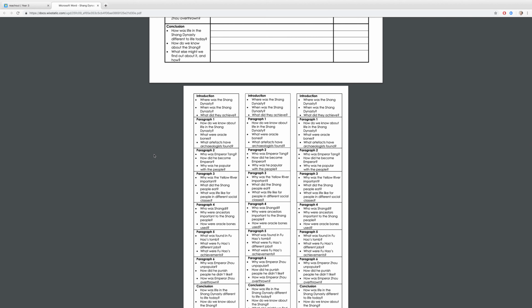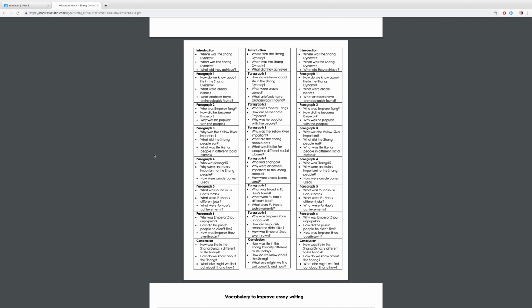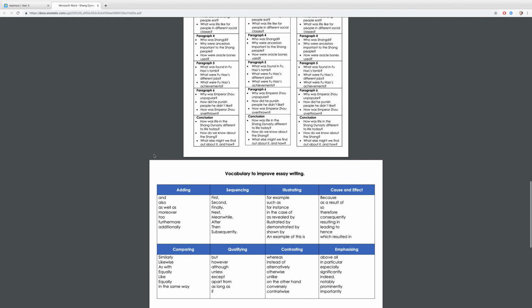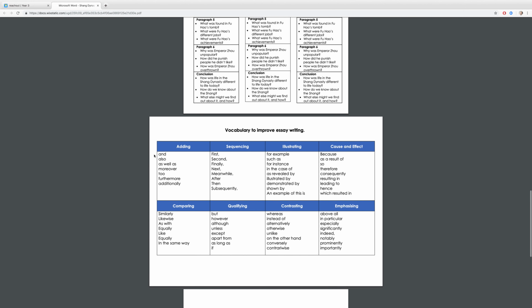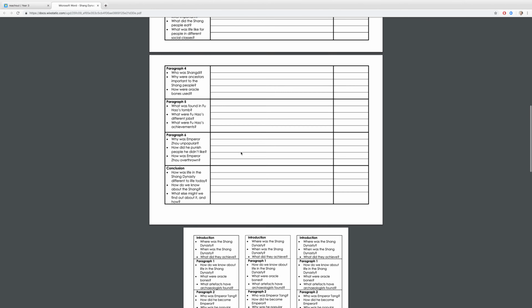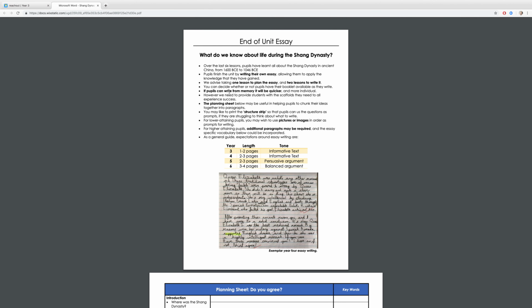And for some of those high retaining students who have a really strong knowledge and a fluid writing style, you might want to try and stretch them by asking them to use some of this essay-specific vocabulary here. So those are the resources that you'll need to plan that essay and the guidance to remind you of what it is that we're aiming for.